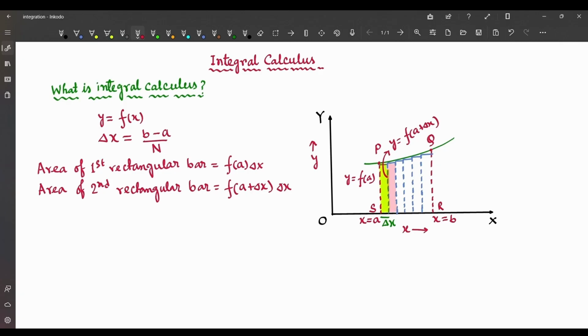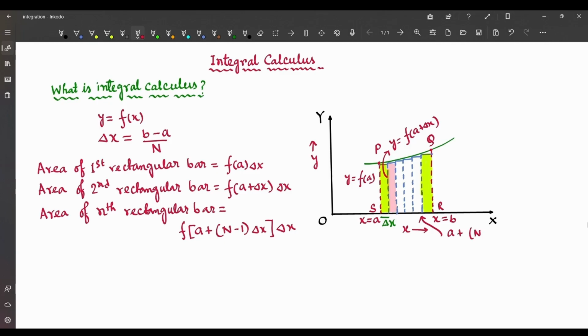Therefore, the area of the nth rectangular bar is f(a plus (n minus 1) del x) into del x. The x coordinate of the second last vertical line is a plus (n minus 1) del x.